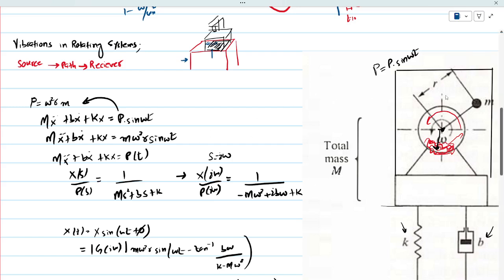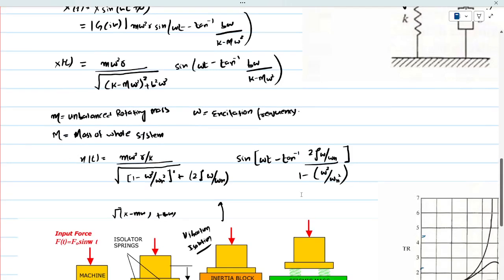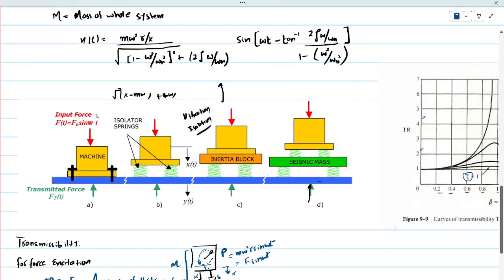So we initially saw how a rotating unbalanced mass can be a cause of a sinusoidal excitation input to the system, and we quantified the response of the system based on the excitation force generated because of the unbalanced mass. And then we knew that the force generated because of that unbalanced mass will be transmitted to the surroundings.